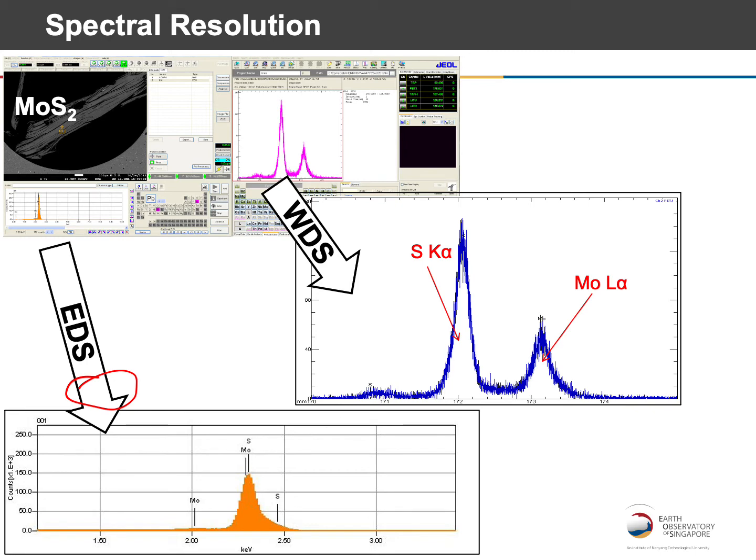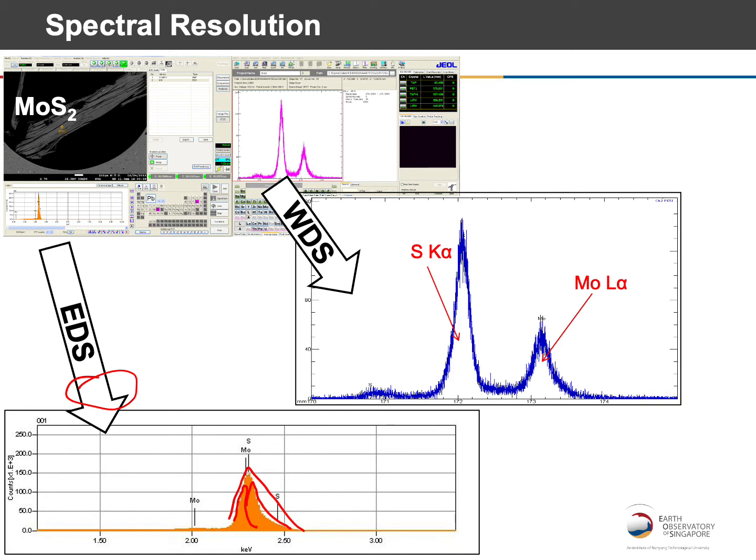What we're trying to look at is the performance when we use these detectors to detect molybdenum sulfate. The characteristic energies of these two elements are pretty close. So in EDS, the energy resolution is sometimes not that high. There are supposed to be two peaks here, but since we don't have enough resolution, it just appears as a single peak.